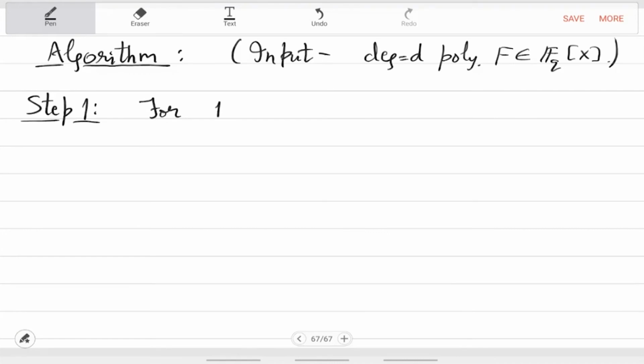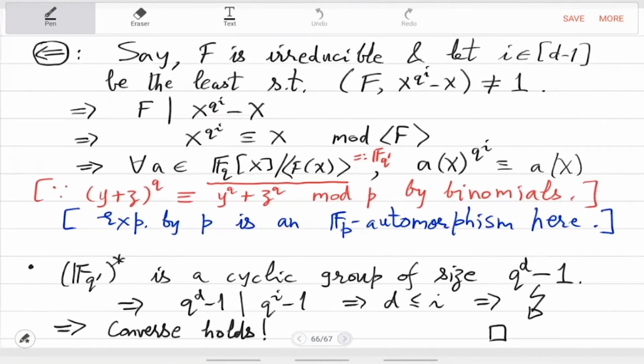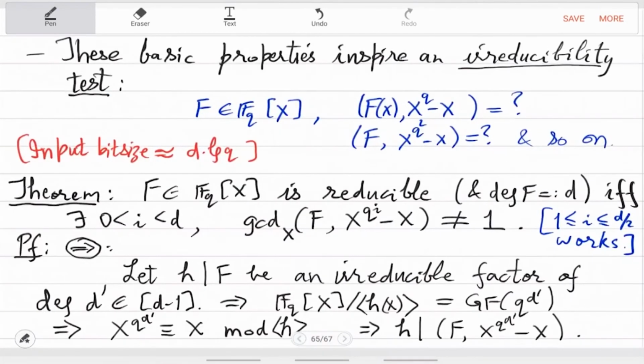But before that, there was a question you had, right, Pranav? What was the question? Just for i equal to d minus. Yeah, maybe we address that first because that's a good property. This proof actually tells you more. In particular, if there is an irreducible factor h of degree d prime, what are the i's which will work?